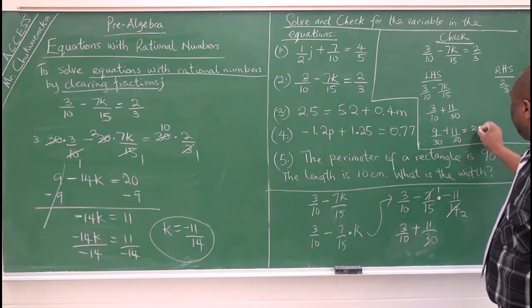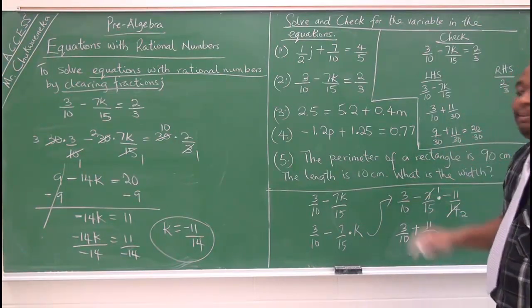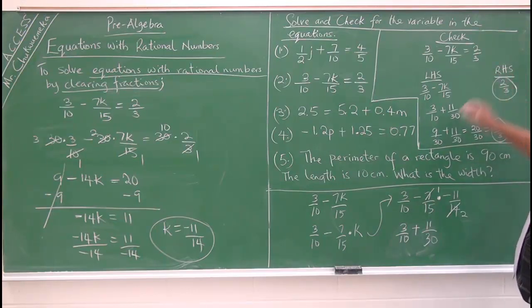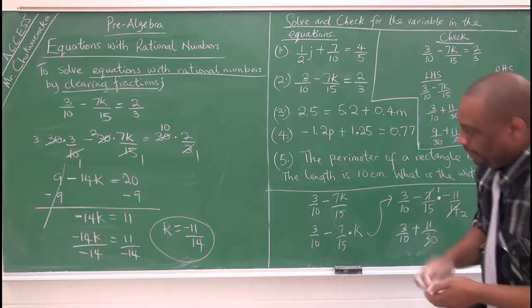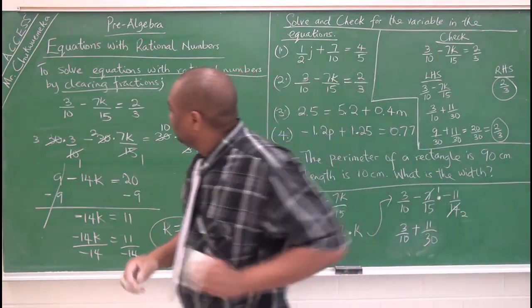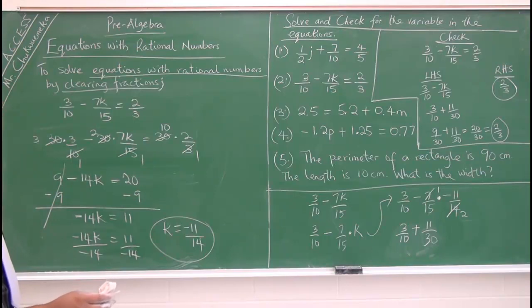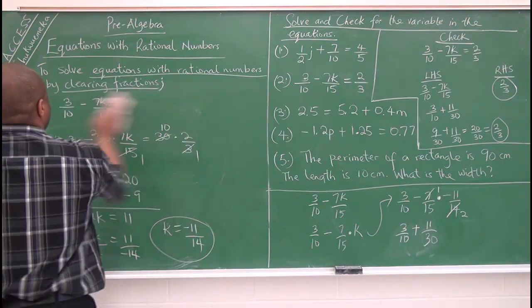And this will give you 20 out of 30, because 9 plus 11 is 20. And if you simplify it, it gives you 2 out of 3. So you have 2 over 3 on the left, 2 over 3 on the right. We're good. Okay, let's go ahead and finish the rest, 3, 4, and 5.